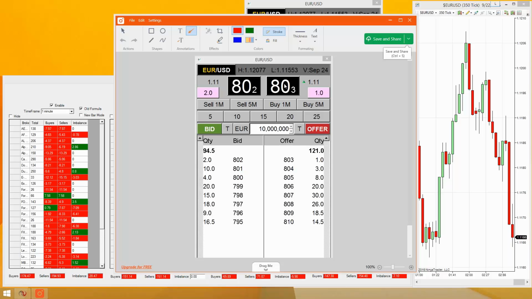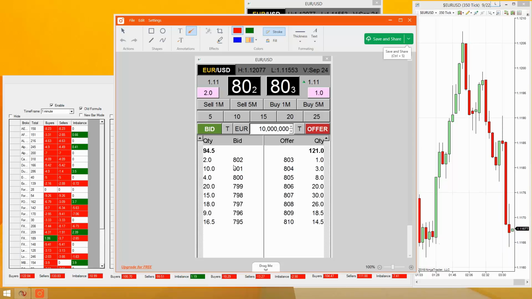So when we buy, we hit the offers, and when we sell, we hit the bids. And guess what? 97% of the time, retail traders are on the wrong side of the market because they're not following the big money.